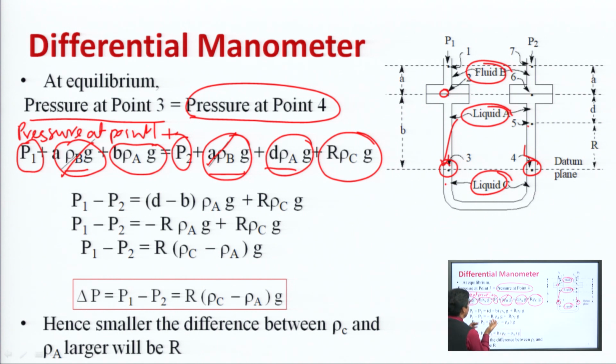Now, rearranging the equation, we will get P1 minus P2 equal to D rho A g plus R rho C g minus B rho A g.